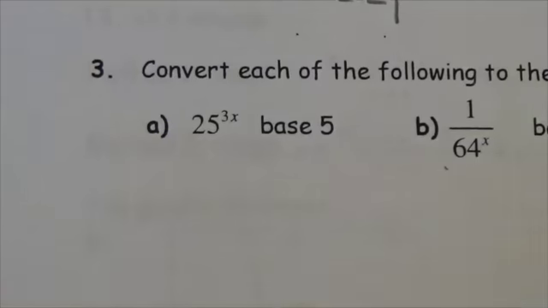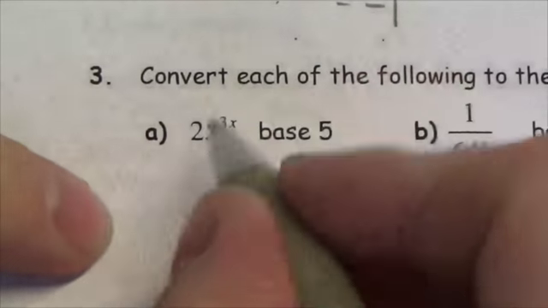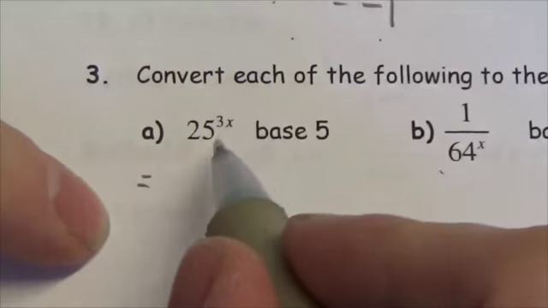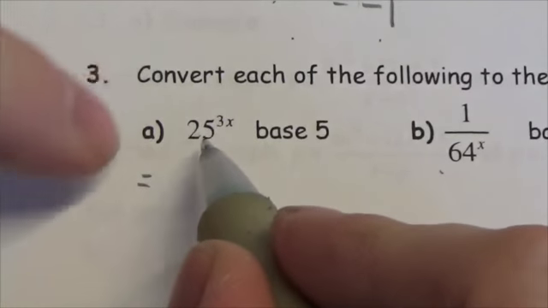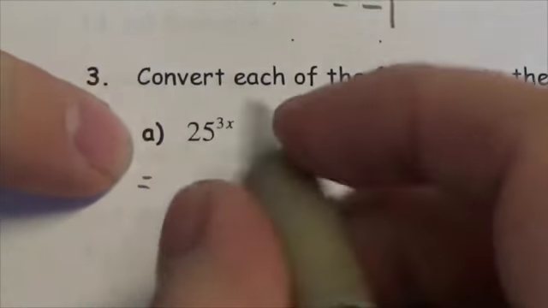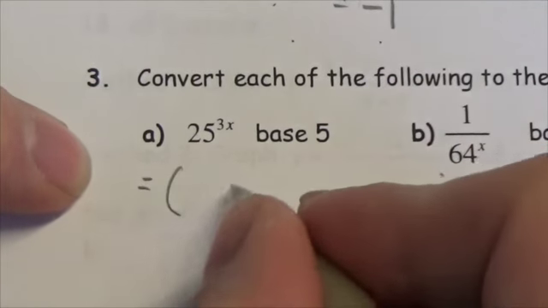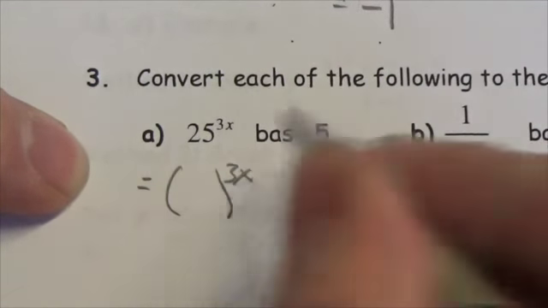Convert each of the following to the base indicated. 25 to the 3x to base 5. Okay, so to convert this to a base 5, what I'm really going to do here is recognize that the base here is 5 squared. I know that 25 is 5 squared. Now, 25 is being taken to the 3x.